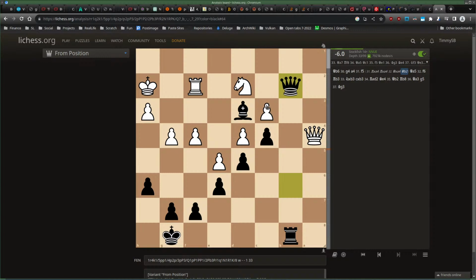Oh, this pawn hangs. That's the problem. We cannot defend the pawn with the knight. No way, not with the rook. Not with the queen.